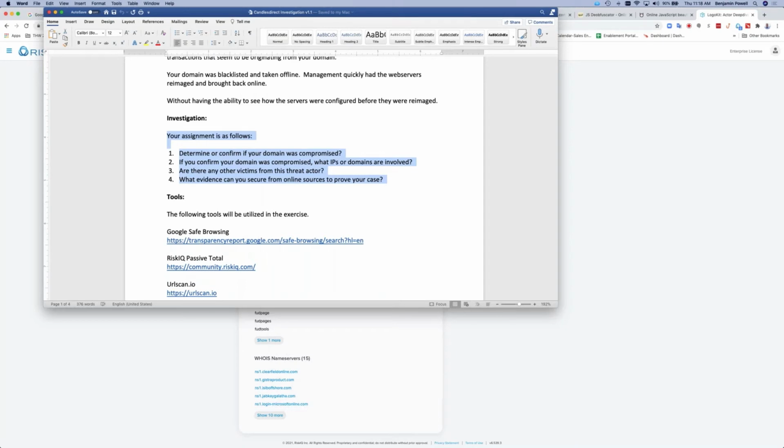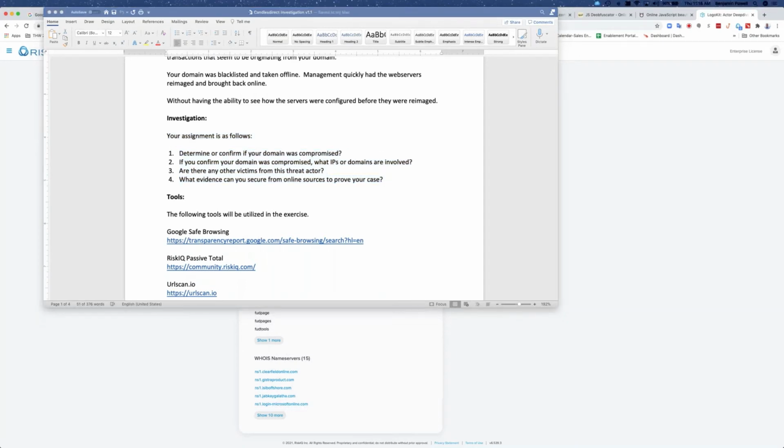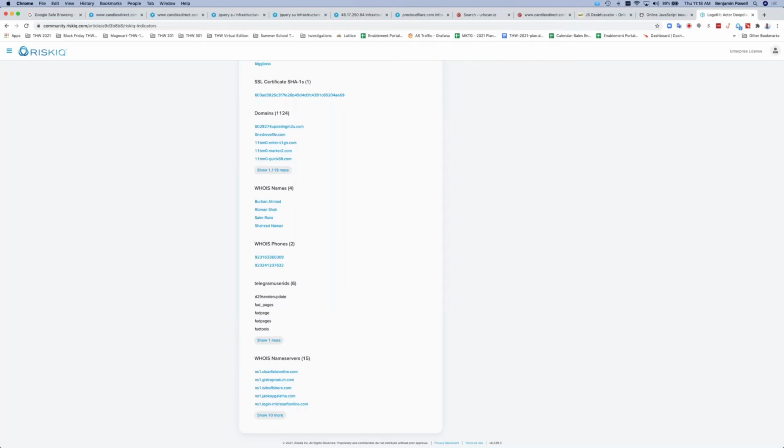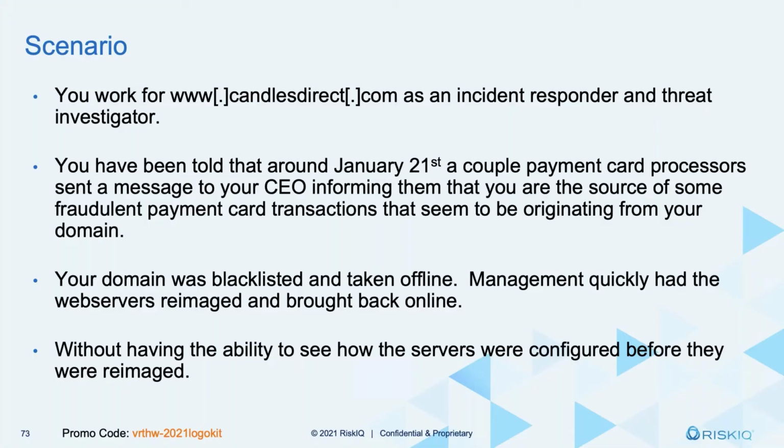Give me a second. So here are the questions that we're going to answer today, and I am going to bring up the tools that we're going to use and some of the initial queries that we're going to run. Pasting those in so you have them all. Okay, now I'm going to go back to my slides and we're going to start.